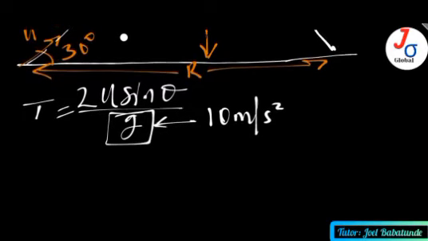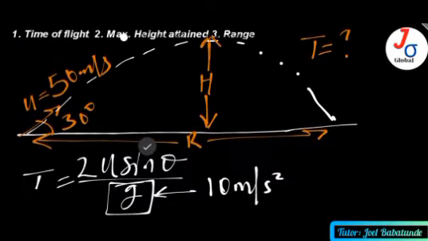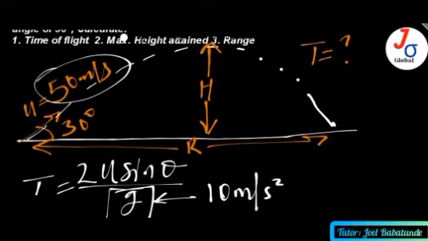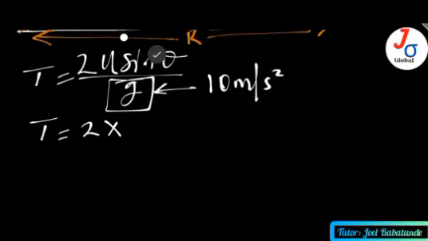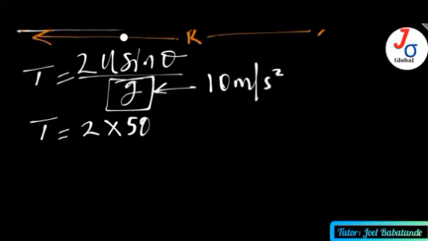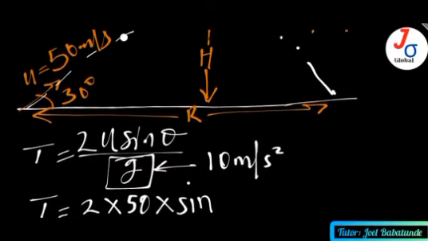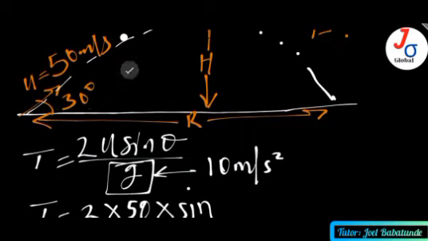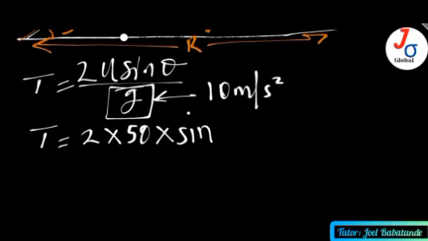Okay, so now let's find our T. T becomes 2 times our initial velocity, 50 meters per second, times sine 30, our theta, the angle of projection, divided by g, which is 10.